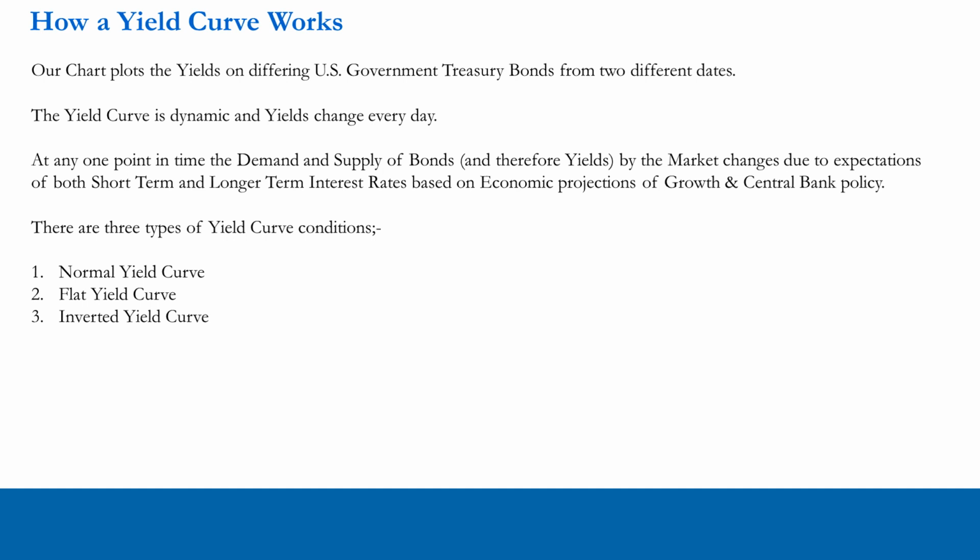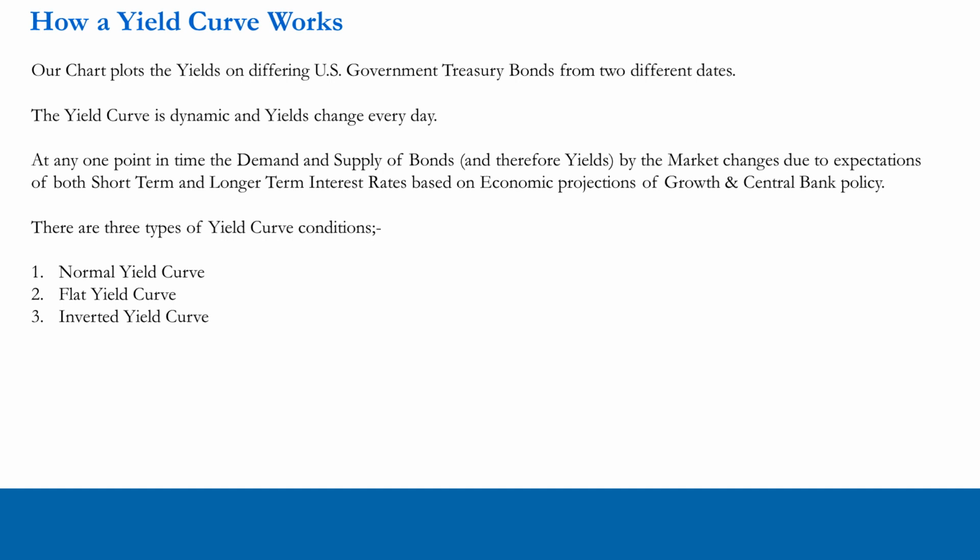The rates are changing dynamically, okay? If we take a snapshot at any one point in time, the demand and supply of bonds, and therefore yields, changes because of expectations of both short-term and longer-term rates. And those expectations are based on the market's economic projections of growth and central bank policy.